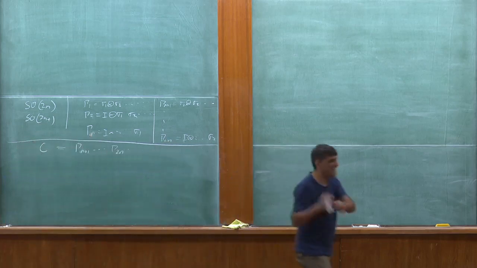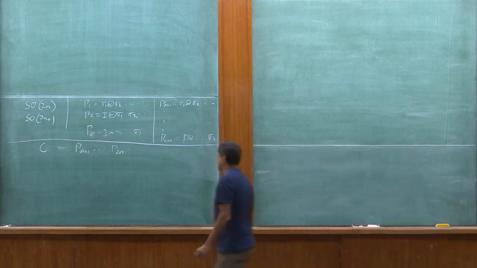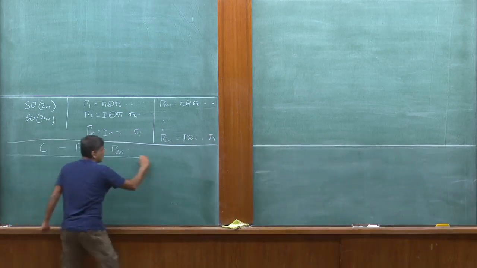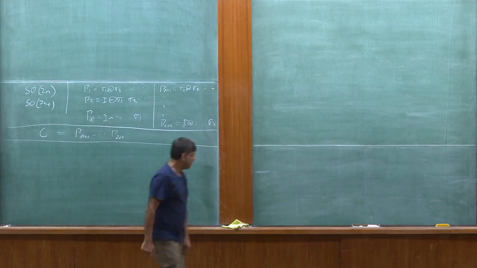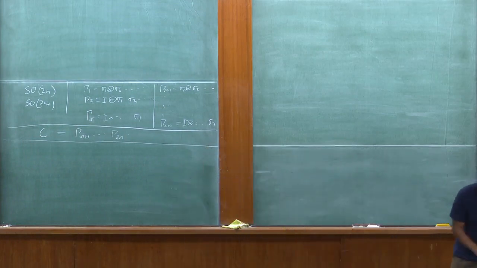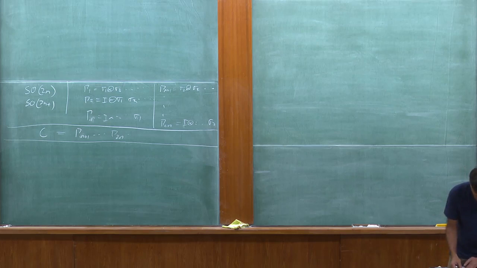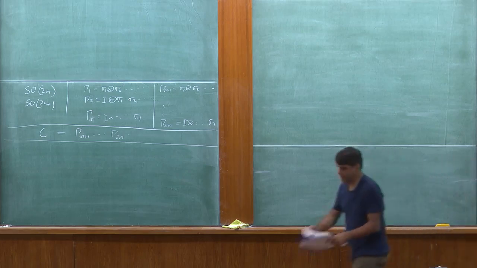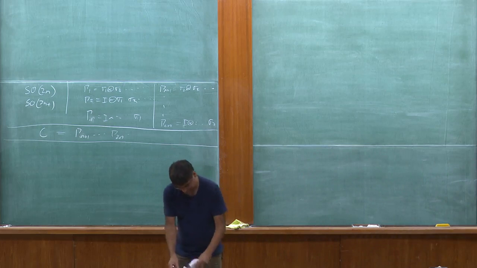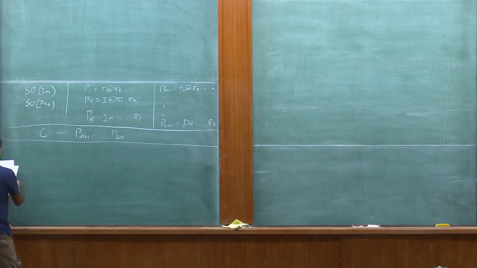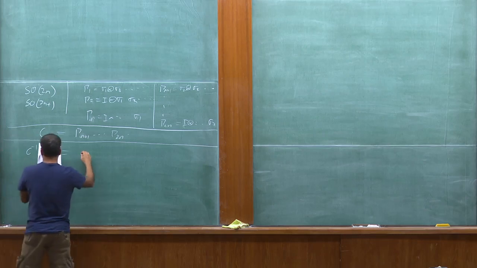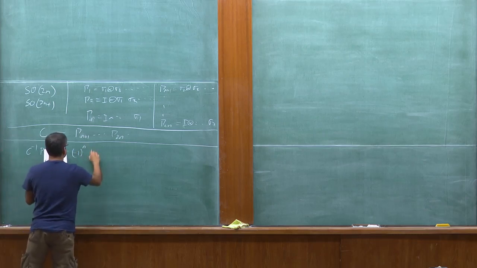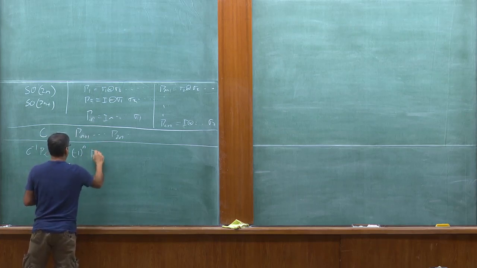We demonstrated that the charge conjugation matrix obeyed the following equation: C inverse gamma alpha C was equal to (-1)^n times gamma alpha transpose.